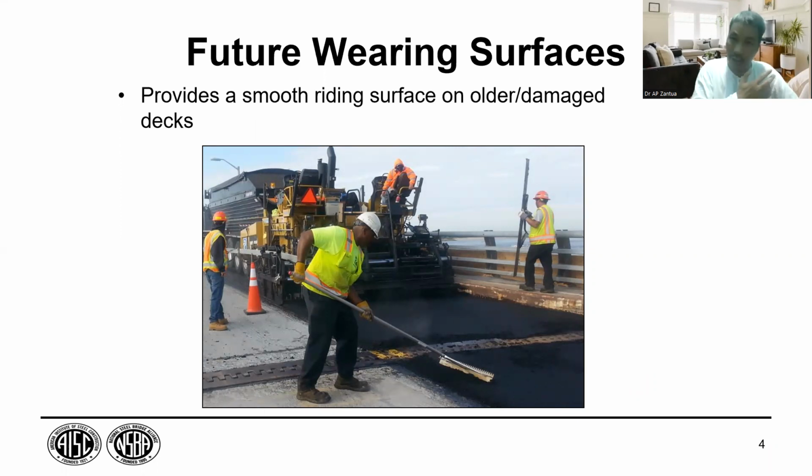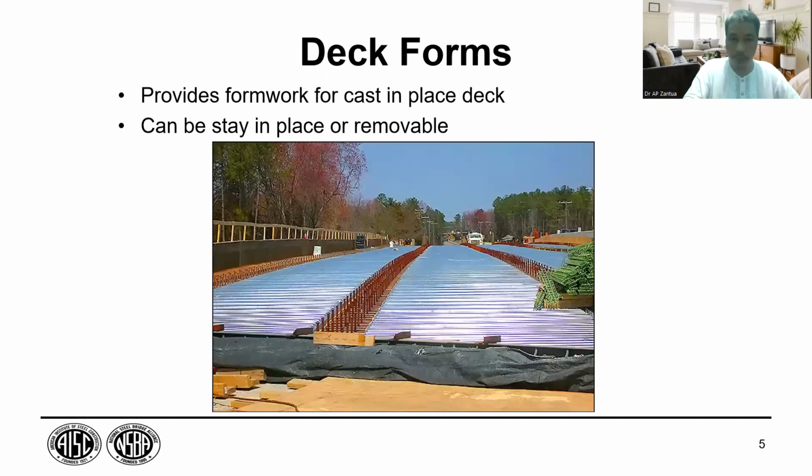Little by little, daily grinding, daily use of the bridge surface, it will be gone after some time. So that is what we mean by wearing surface. Smooth riding but prevent slide.